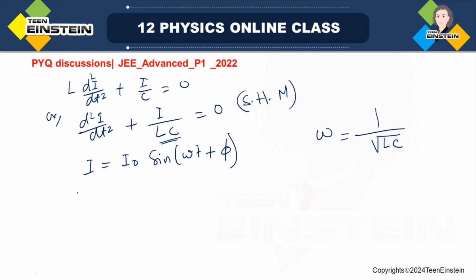Okay, now if I apply initial condition at t is equal to 0, current is 0 and also the charge is 0. At t is equal to 0, I'll get total current to be 0 in the circuit, because just then the magnetic field started increasing.